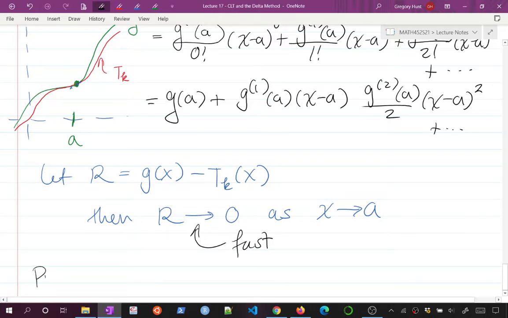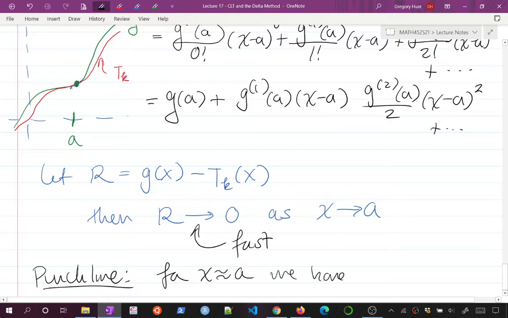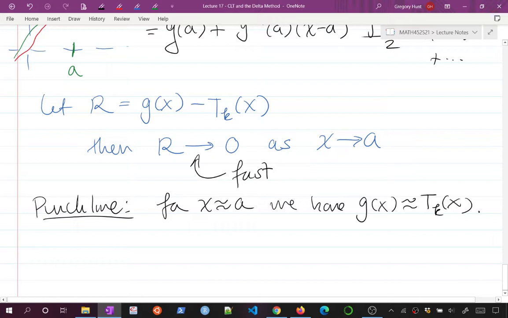And the punchline of Taylor's theorem is that basically for x near a, we have g of x is approximately T_k of x, right? So T does a good job approximating g near a.